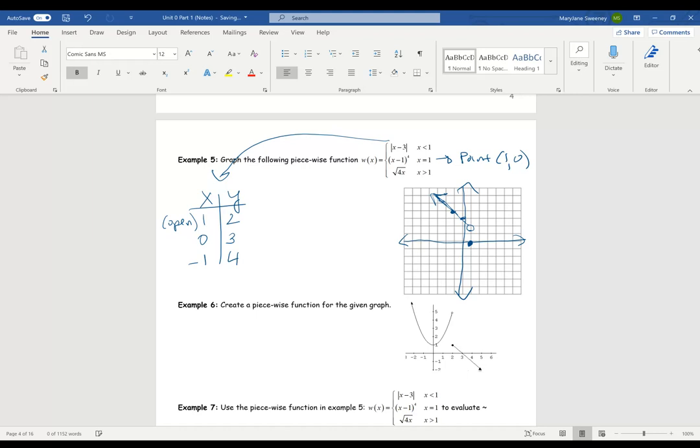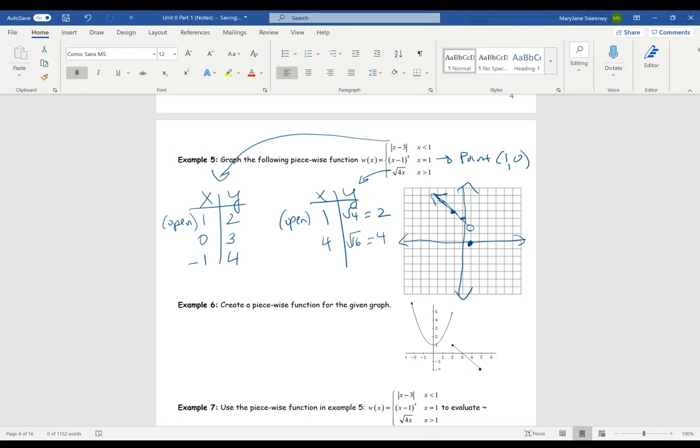So then for this one, greater than 1 does mean I start at 1, but with an open circle. This would be square root of 4, which is 2. Greater than 1, if I put in 2, that's going to be radical 8, not a nice number. If I put 3 in, that'll be radical 12, which is not a nice number. But if I put 4 in, that would be radical 16, which is 4.